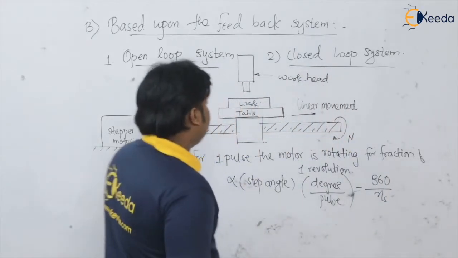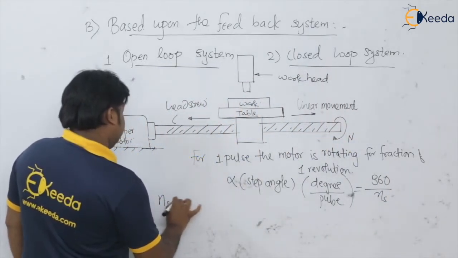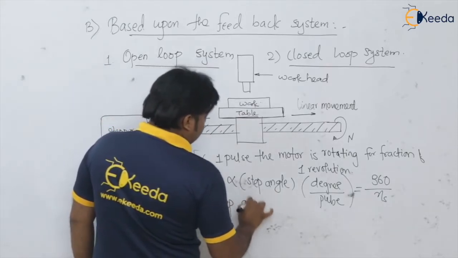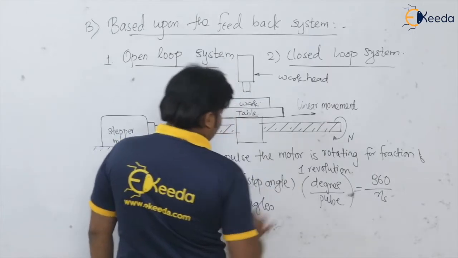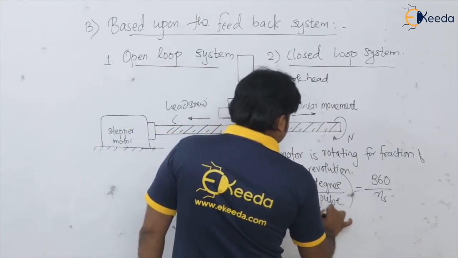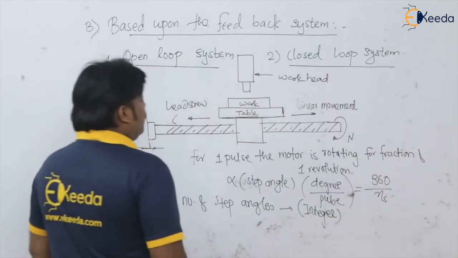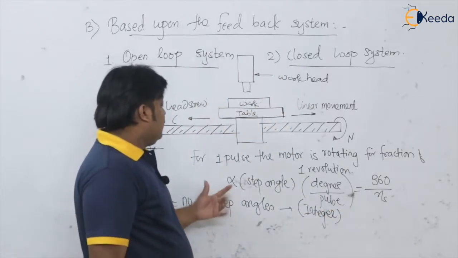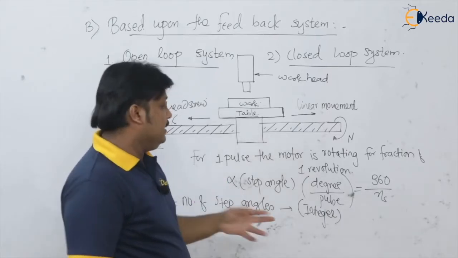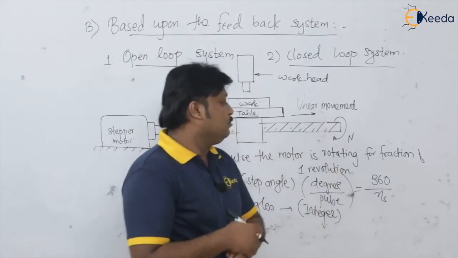Ns is the number of step angles, and it must be an integer. So you will get alpha, the step angle in degrees per pulse, equal to 360 divided by ns.